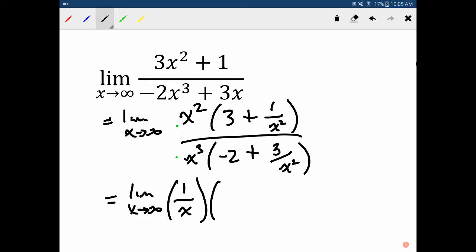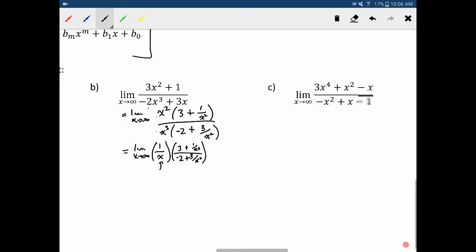And then we'll still have all this stuff, 3 plus 1 over x squared. But we're actually kind of wasting our time because none of this stuff matters. The reason is that this guy right here is equal to 0, and so I'm multiplying the whole thing by 0. And so this just equals 0. And so that is our asymptote.